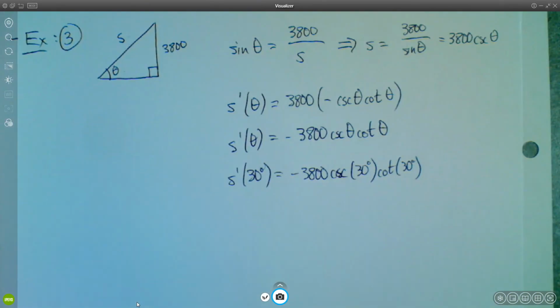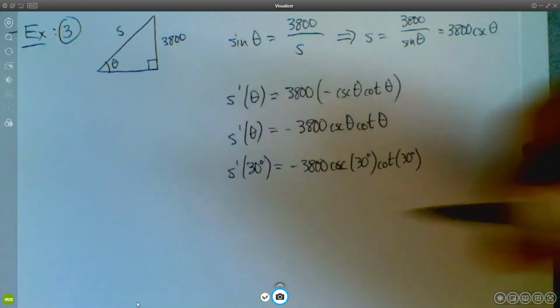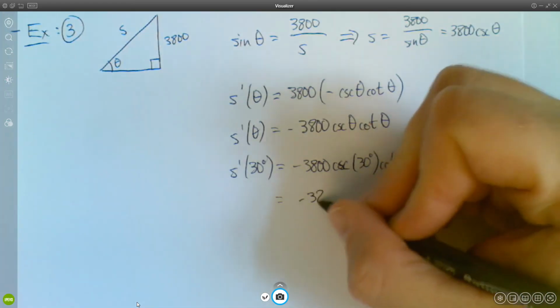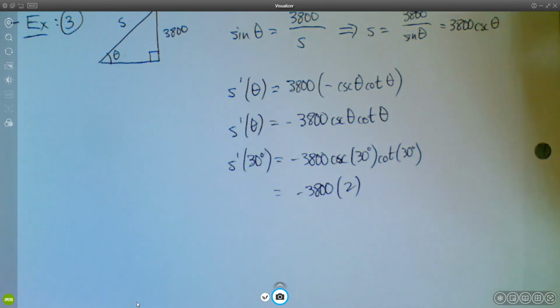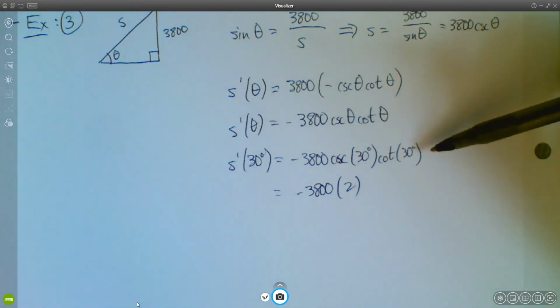Okay. Oh, cosecants and cotangents. Cosecant is 1 over sine, right? And sine of 30 degrees is 1/2, so cosecant is 2. Cosecant of 30 degrees is 2. So this should be negative 3800 times 2. Cotangent of 30 degrees, oh, okay. So cotangent, see, some of you are better at trig than me, I think.